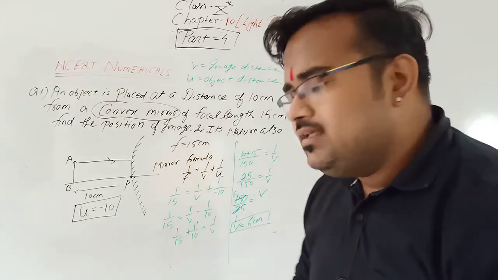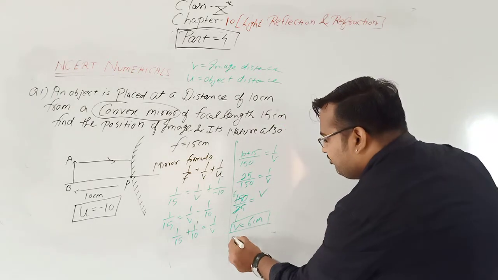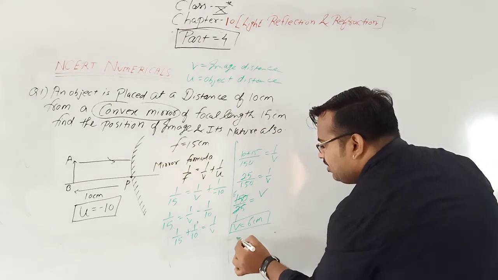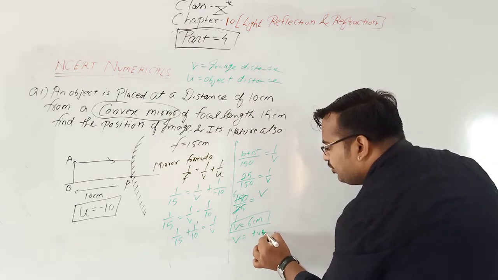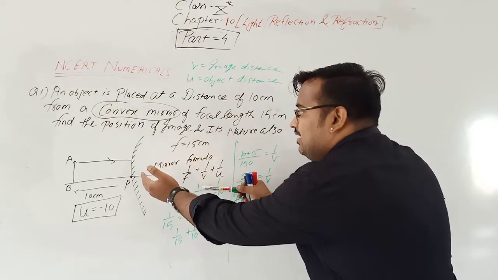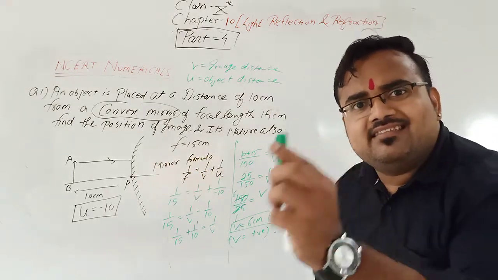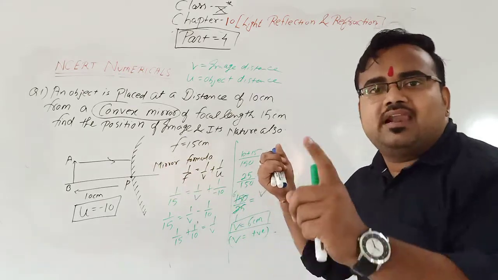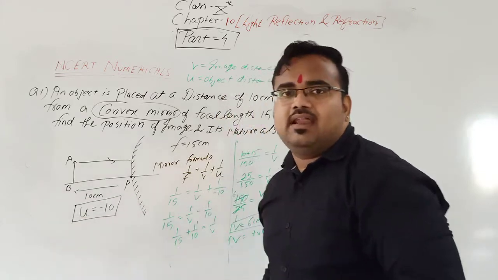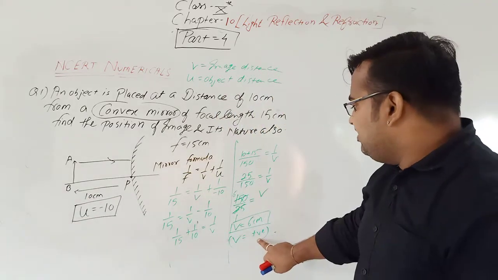Now pay attention. The value of V is positive. Positive means on the right side of the mirror. All the distances on the right side of the mirror are positive. All the distances to the left side of the mirror are negative. So V is positive.